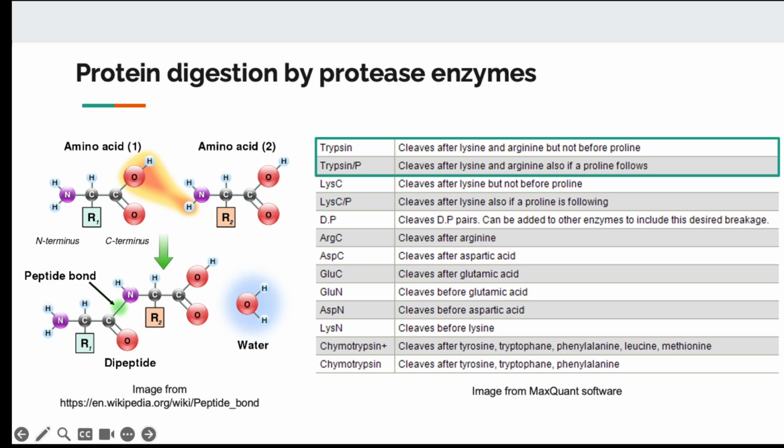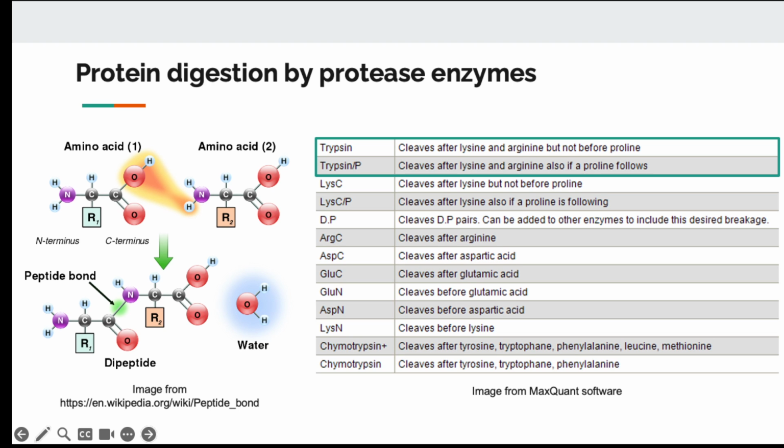So there are many choices for protease. Each enzyme has different specificity. So usually people use trypsin because this is the enzyme that our body uses to digest protein already, so it's very potent. But trypsin has a specificity that it only digests after arginine or lysine.